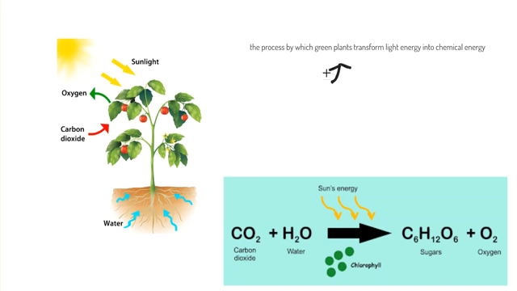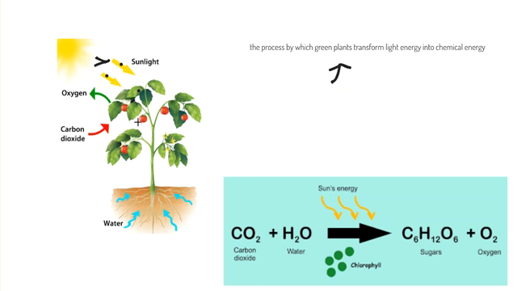It means that something like this little tomato plant right here, in the process of photosynthesis, the chlorophyll in its leaves, which is what makes the leaves green, would absorb this light energy that came from the sun. This light energy is represented by these arrows right here.